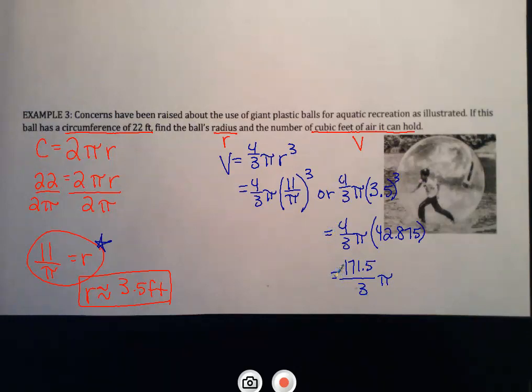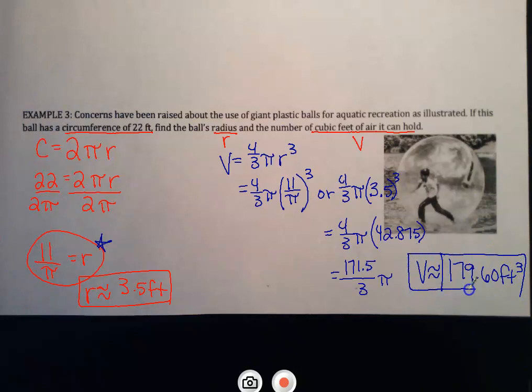And so our approximation for that is our volume is approximately 179.60 feet cubed.